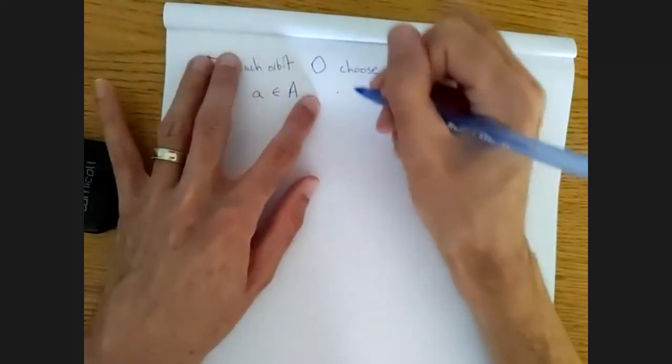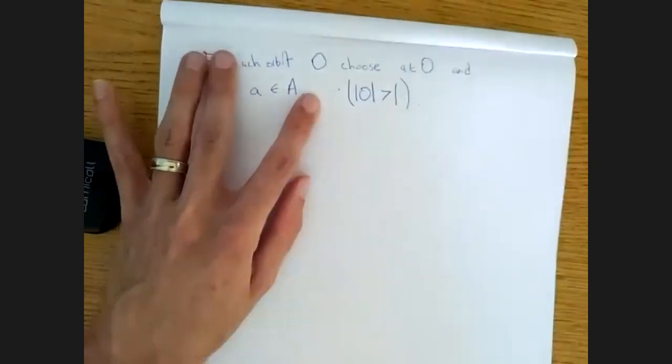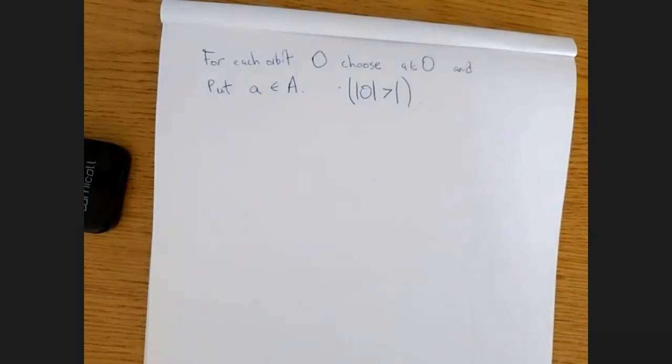And then I just need to know O has to be bigger than 1, like the number of elements of O has to be bigger than 1.